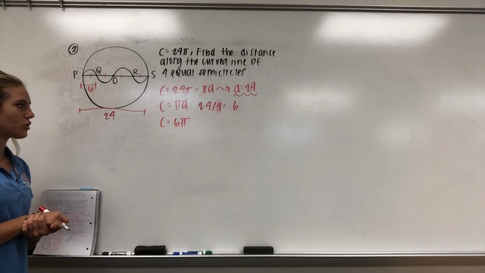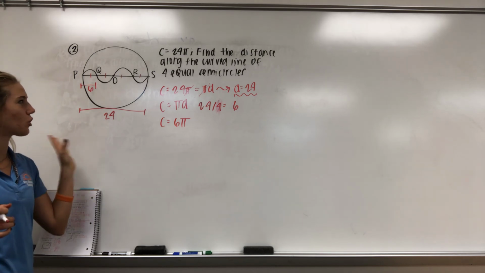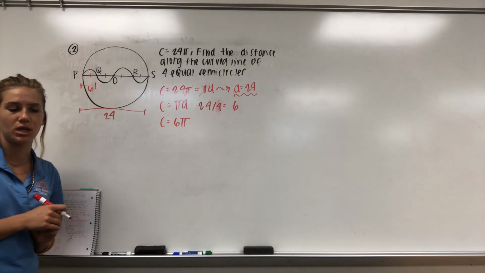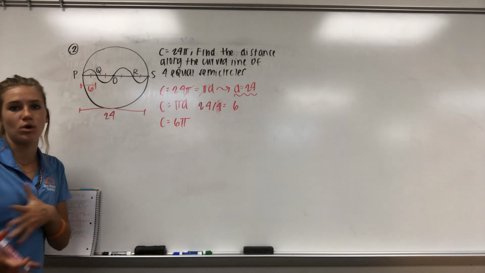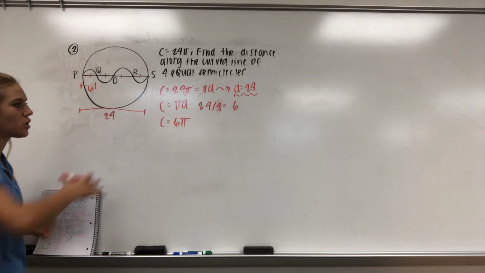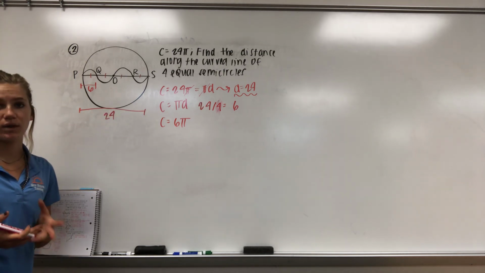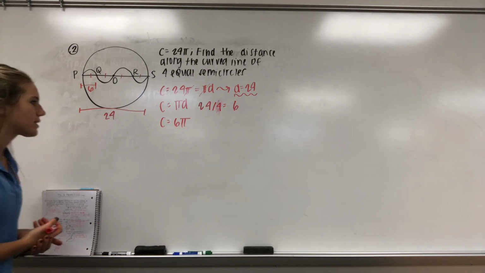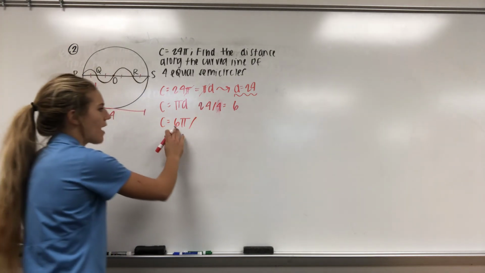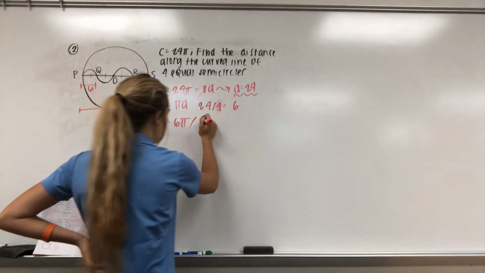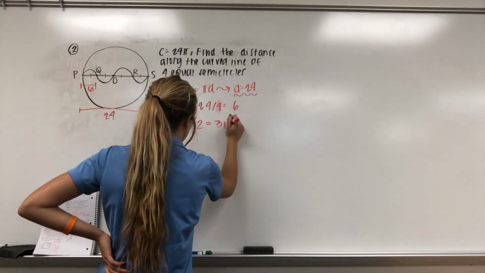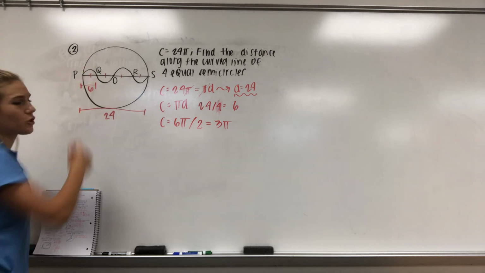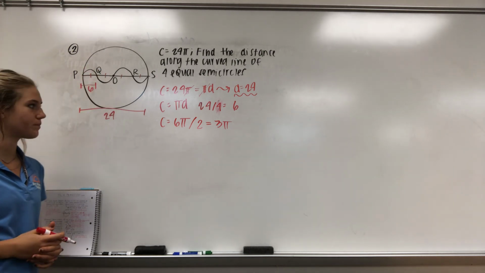That's the circumference of one of those mini circles if it was a whole circle, because we're just dealing with normal circumference of normal circles in this equation. But that's not what we want, right? We only want half of it because it's a semicircle. So since I want half of the circumference, I divide by 2. That gives me 3 pi for the circumference of one of those half circles.